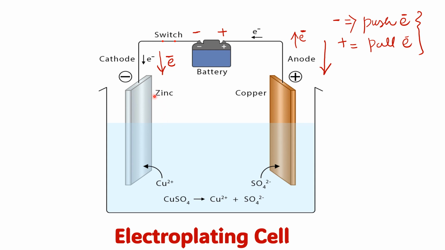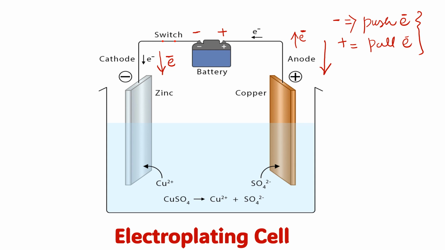In order to deposit copper on zinc, we need first to ionize the copper, convert the copper into ions. When copper is converted into ions, then the copper ions are soluble in solution.